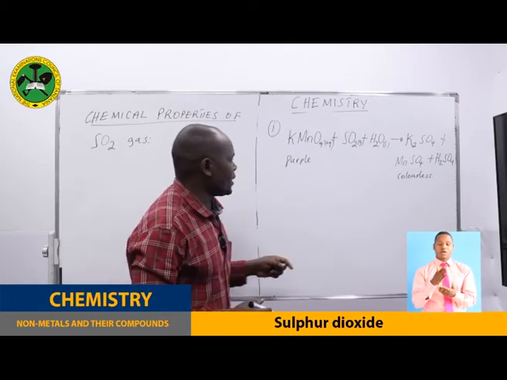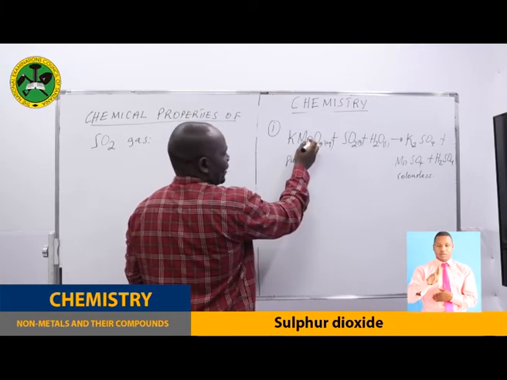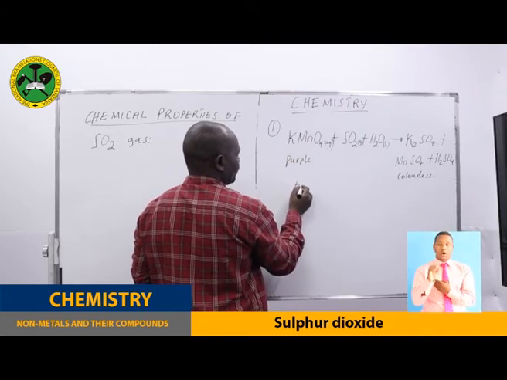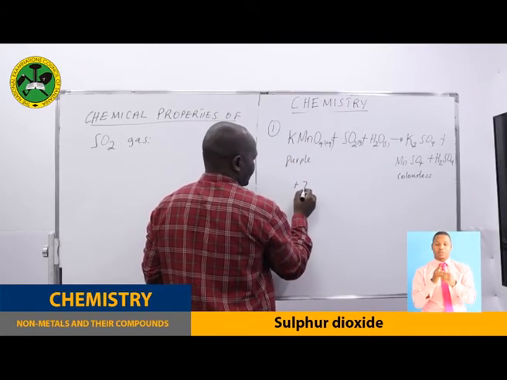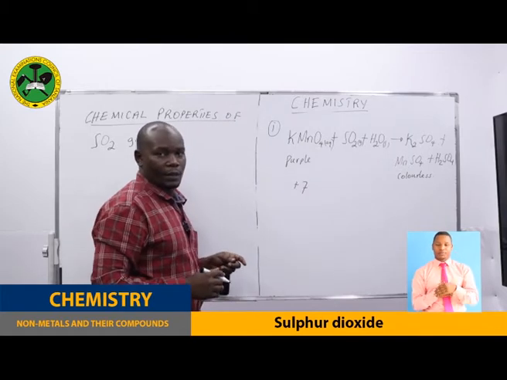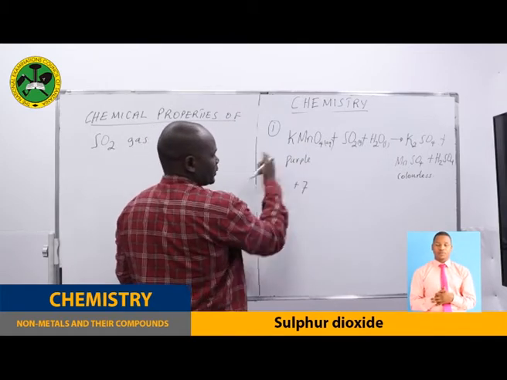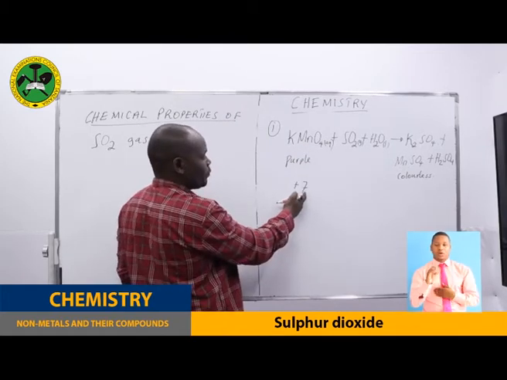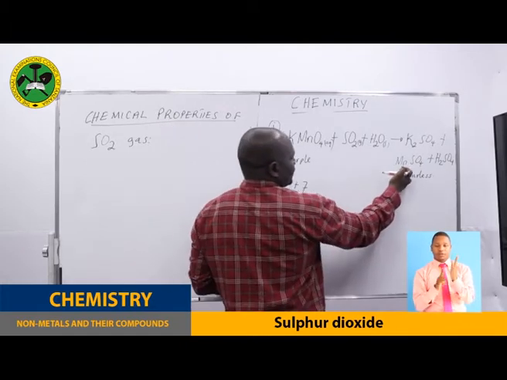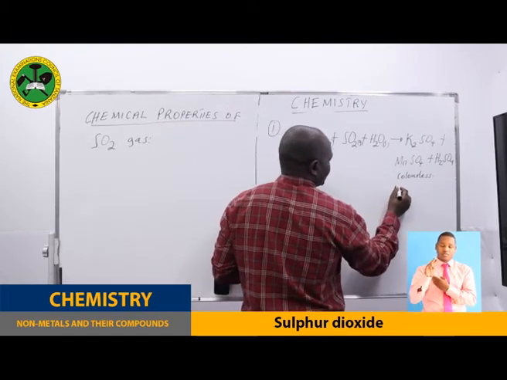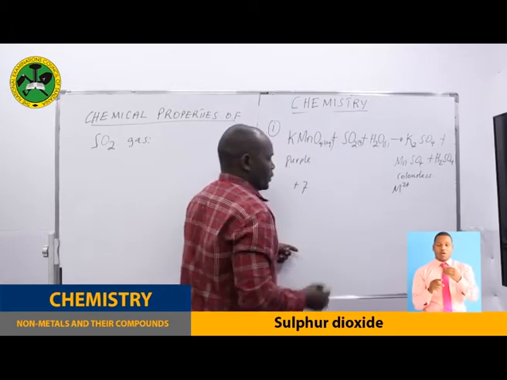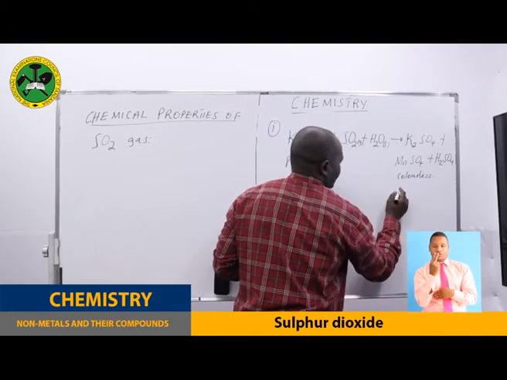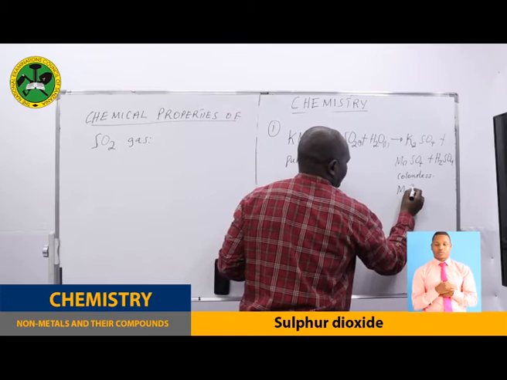So what does it mean here is that the manganese in permanganate has an oxidation state of positive 7, but the manganese in manganese sulfate has an oxidation state of positive 2.